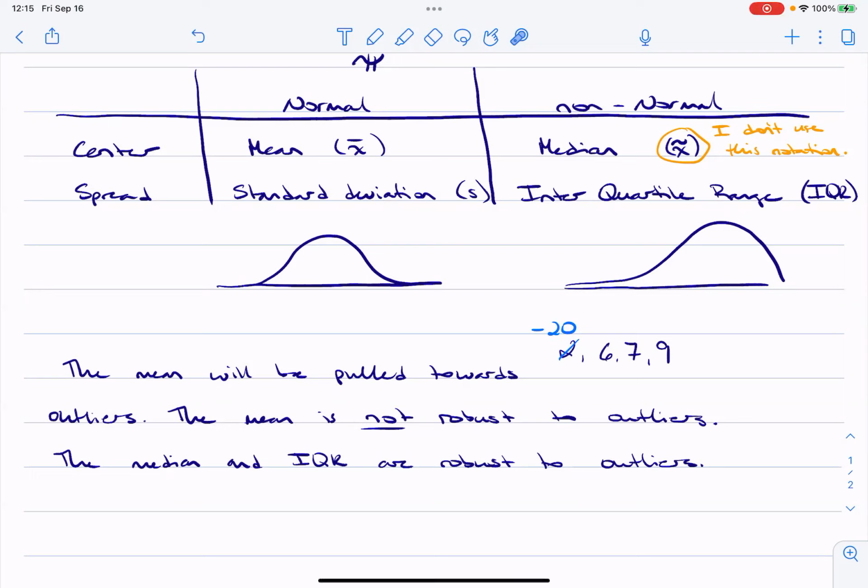And honestly, you could just find a standard deviation calculator online somewhere. There's lots of free ones. And then you can just use that if you wanted to, right? So we don't have to do it by hand, but I do want to walk you through the formula. And then I want to talk about the median. How do we find it by hand? And same with the interquartile range. Okay, so that's kind of where we're going.